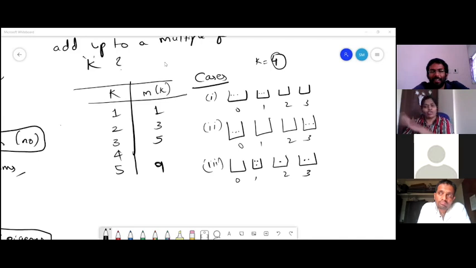So if you have 3 sets of 5 numbers, you can pick a multiple of 6. That's what I thought would work out. If k is equal to 6, then what is m of 6? 15.